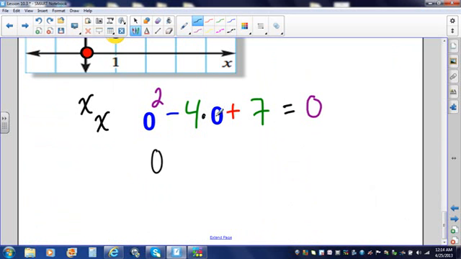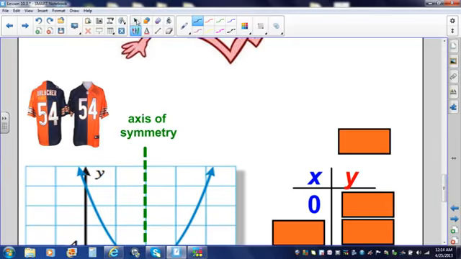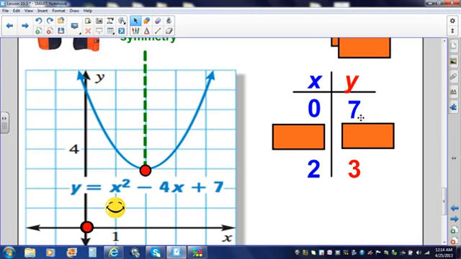Negative 4 times 0 is 0. Plus 7, nothing. We get 7. So we say y equals 7. Bam! I'm so good. Now we go to (0, 7).